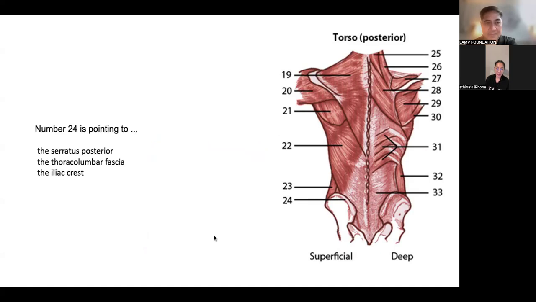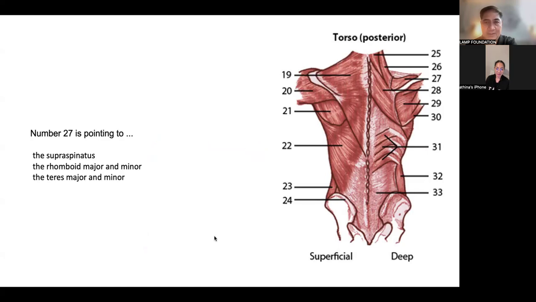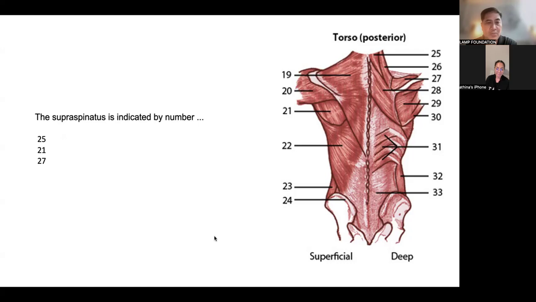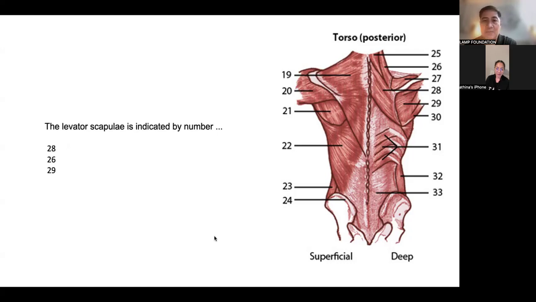Number 24, that's the iliac crest. Number 27, the supraspinatus. Number 26, the levator scapulae. Supraspinatus, that's 27. Levator scapulae, that's 26. Serratus posterior, that's 31.